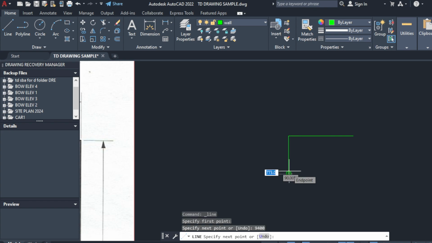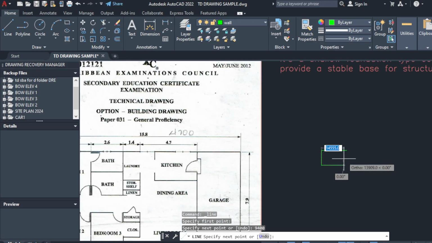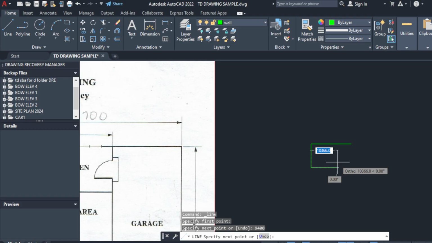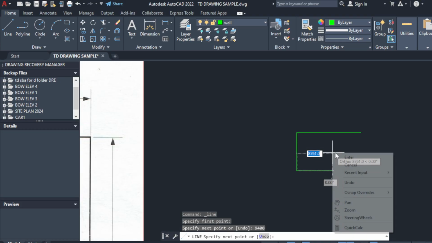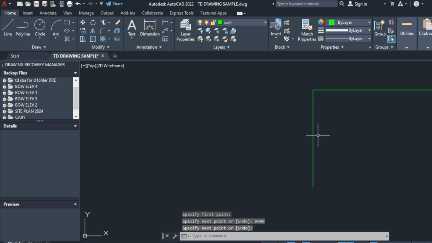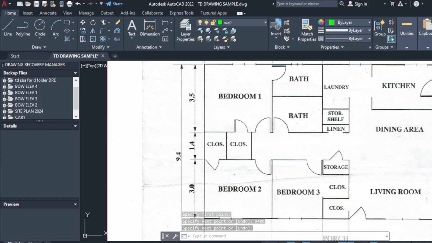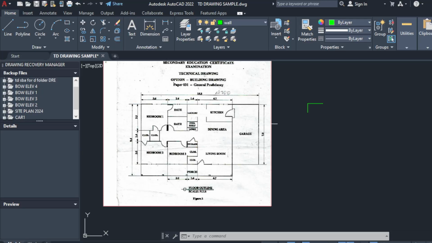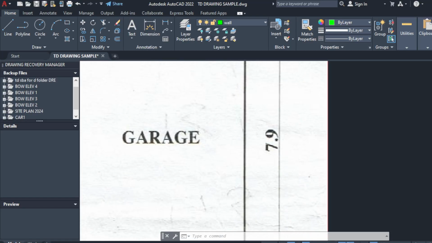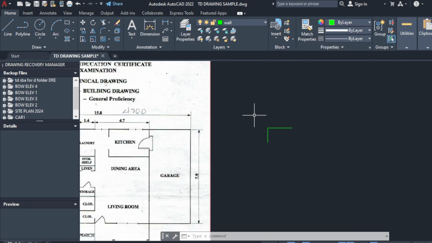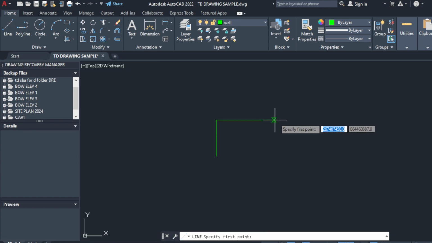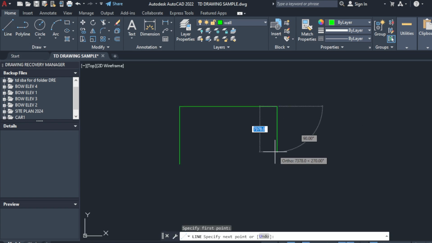So I'm going to draw my complete perimeter measurements, and then I'm going to subdivide those measurements to get my bedroom, my kitchen, my garage, and so on. On this side it is 9,400. On the opposite side, the right hand side, it is 7,900, 7.9 meters. So I draw my line, 7,900.